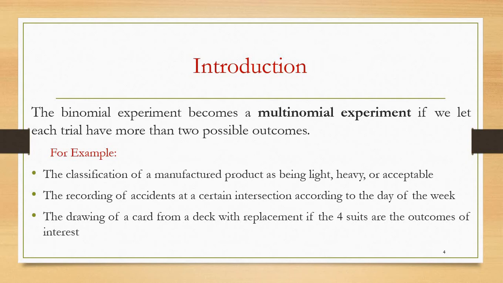For example, the classification of a manufactured product as being light, heavy, or acceptable. The recording of accidents at a certain intersection according to the day of the week. The drawing of a card from a deck with replacement if the four suits are the outcomes of interest.